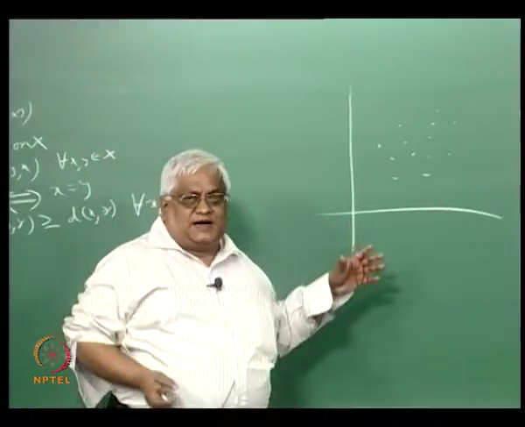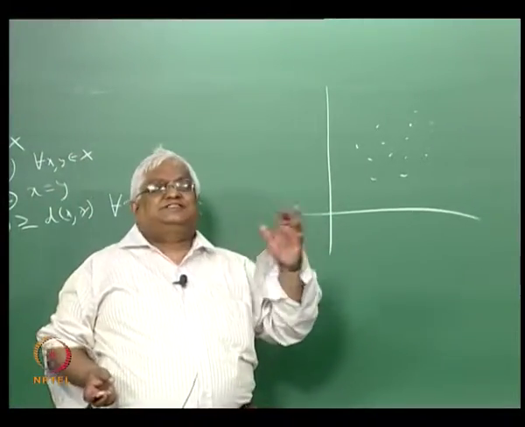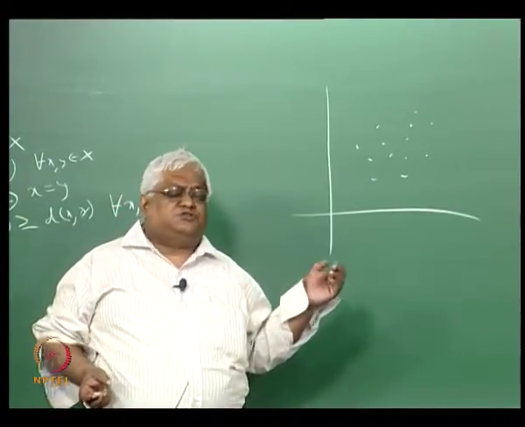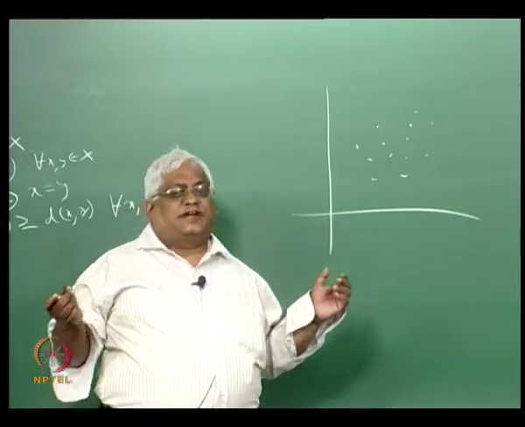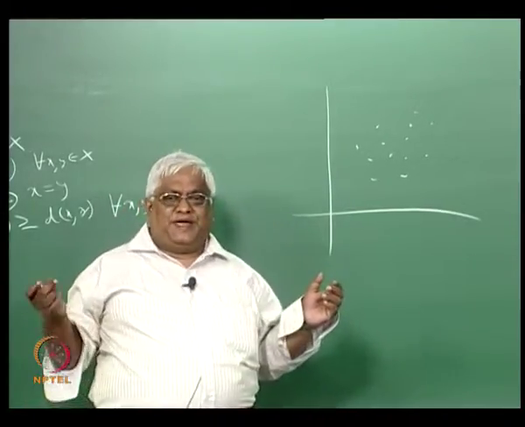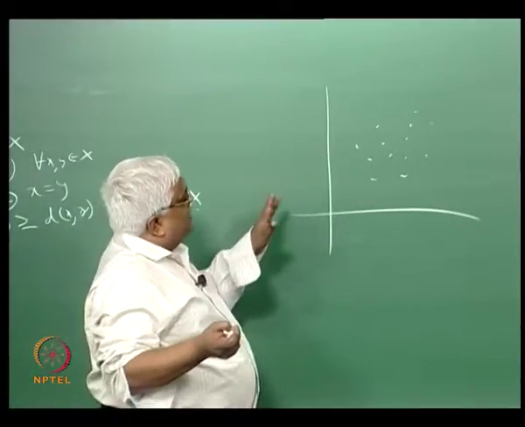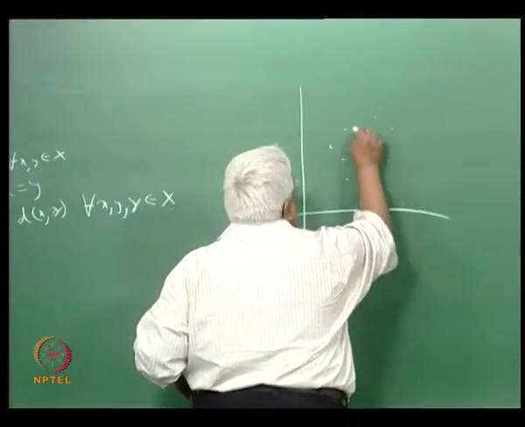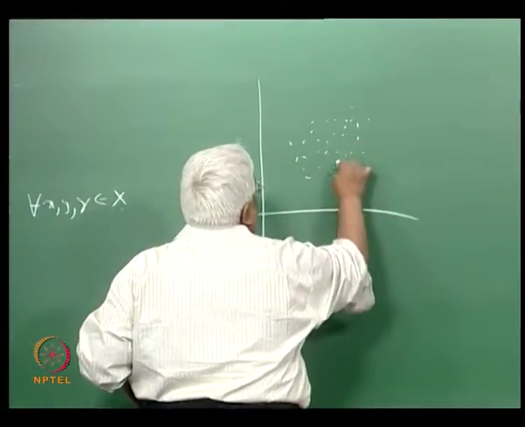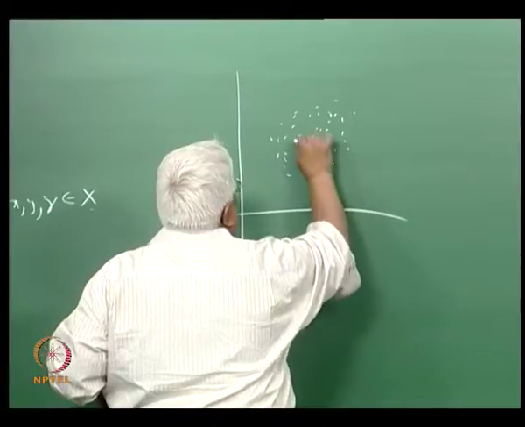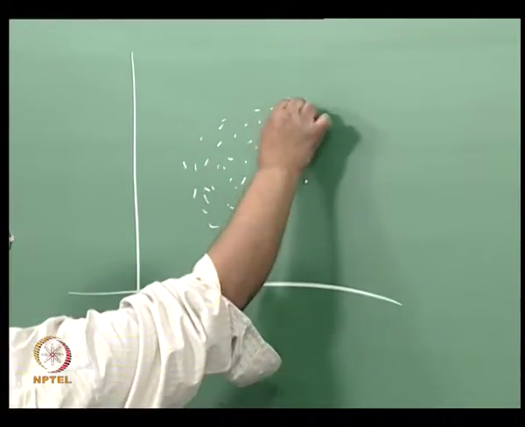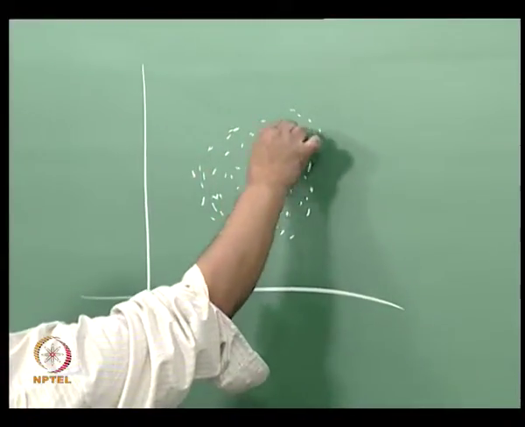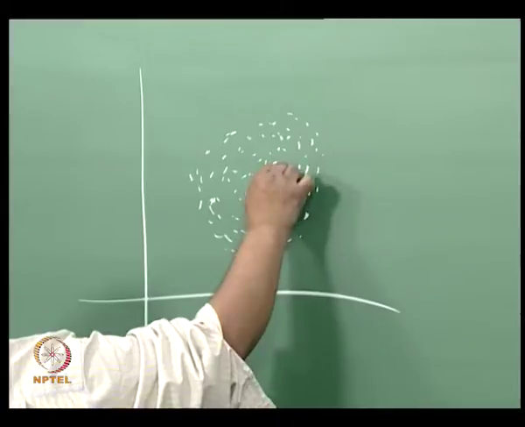When we look at the data, we understand these distances very well. We see which points are closer, which points are far apart. And we somehow try to get the shape of the data set. For example, for something like this, we know that it is circular.